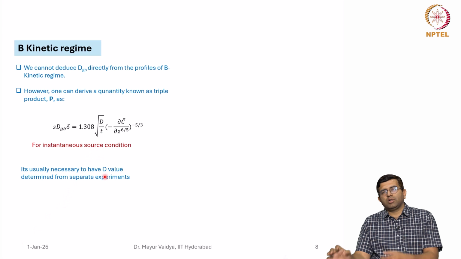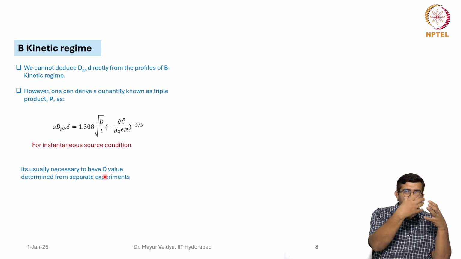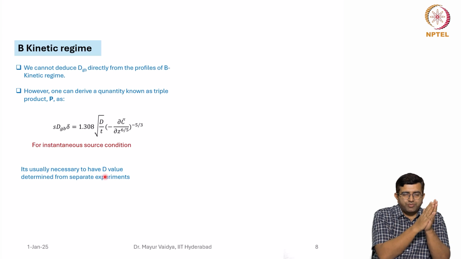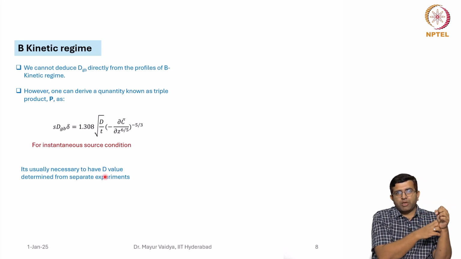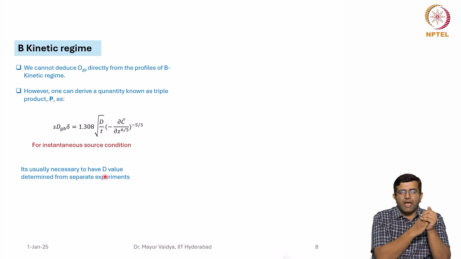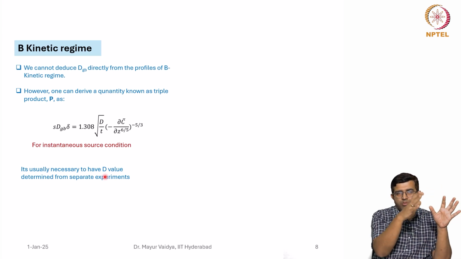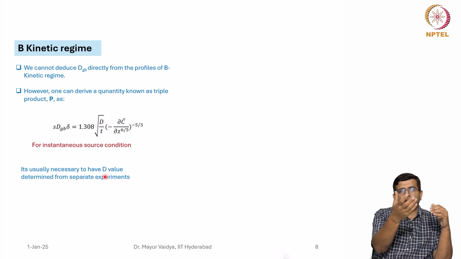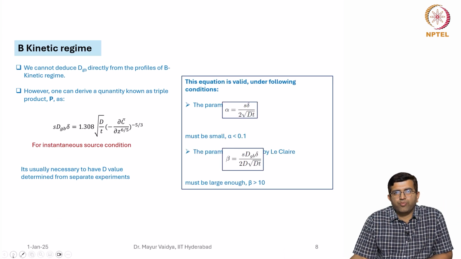Usually, it is a good idea, although as I said you can determine the D values from the B kinetic experiments, that means you can determine the lattice as well as the grain boundary diffusion coefficients. In practice, it is usually preferred that you know the lattice diffusion coefficient from separate experiments before, and that you use the value to design your experiments in the B kinetic regime.